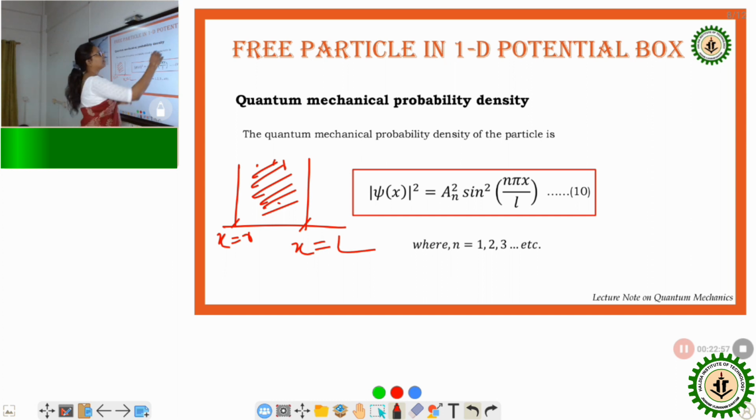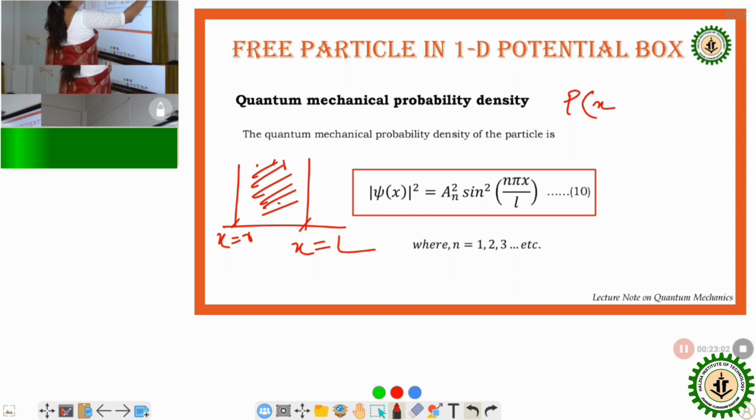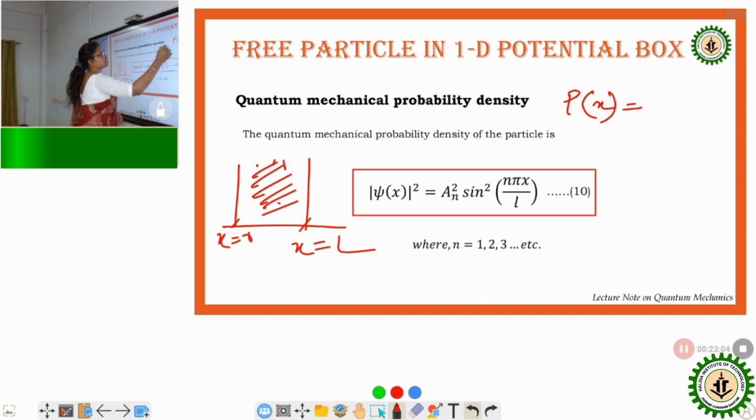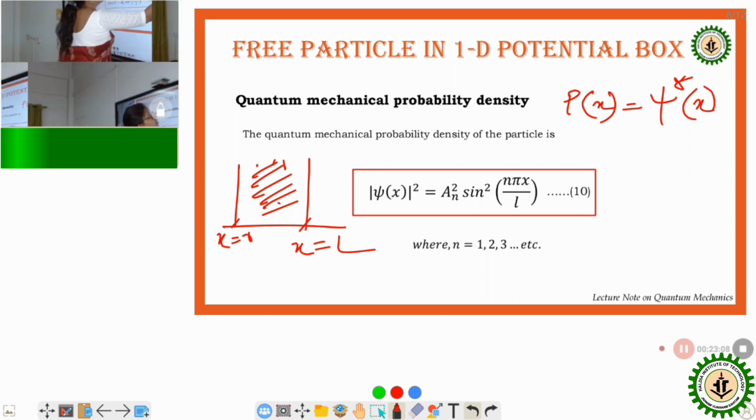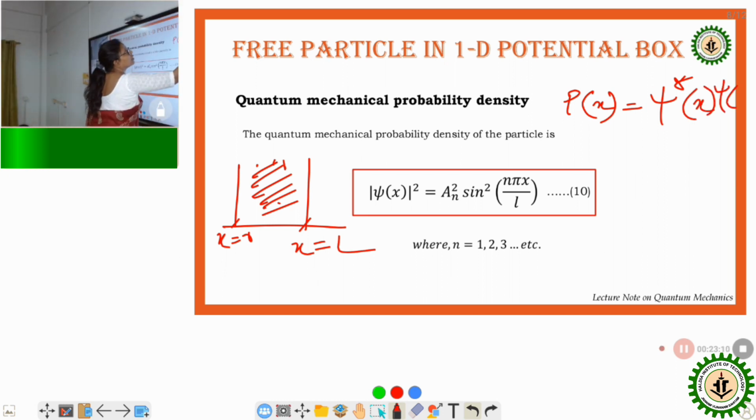The probability P of x can be written as psi star of x times psi of x. We know psi of x equals A n sin(n pi x by L).